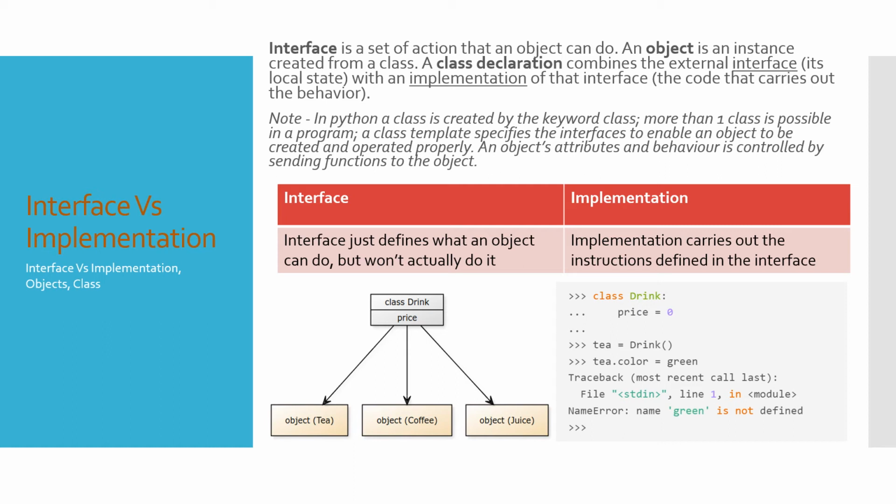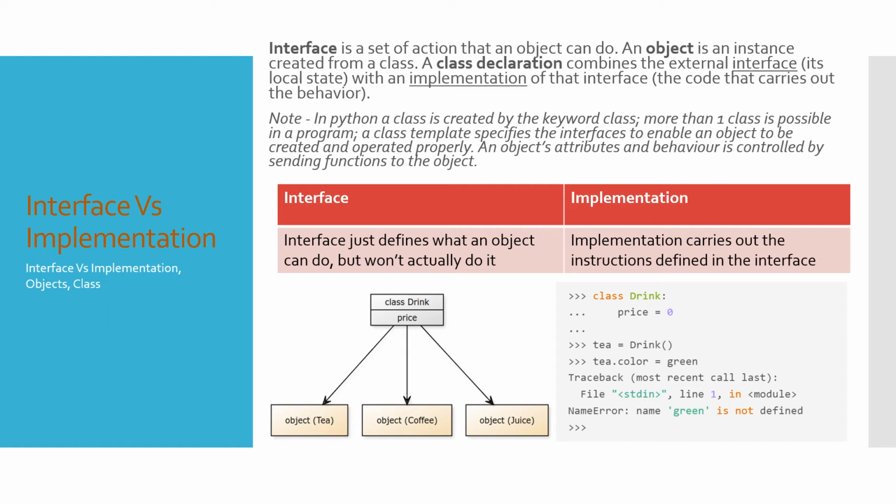Now you have defined tea as an object, and for the object, there are different characteristics. For example, you can say tea dot color is equal to green, or tea dot sweet equal to yes. So there are different values you can allocate for an object.